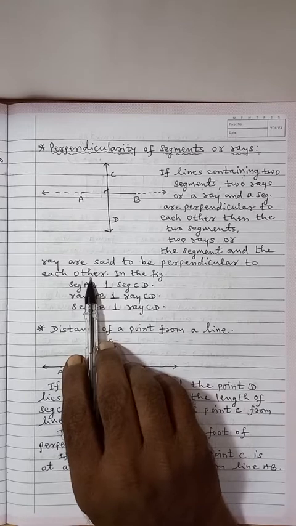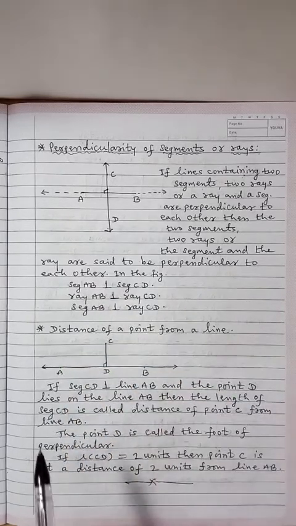Understanding this, let there be two segments, two rays, or a segment and a ray. They are perpendicular to each other if the lines containing them are perpendicular to each other.